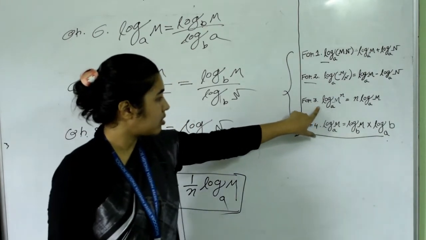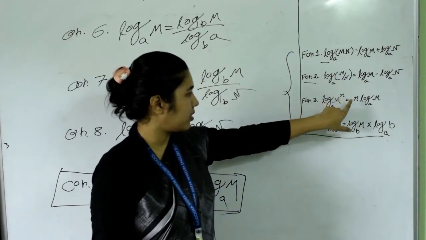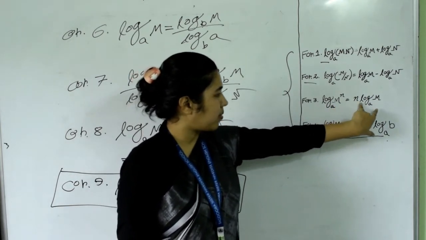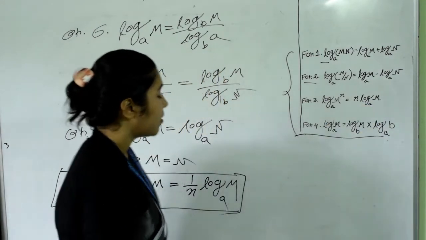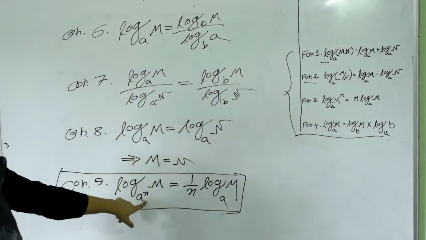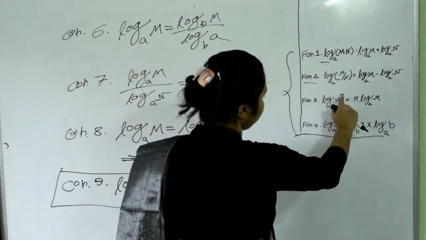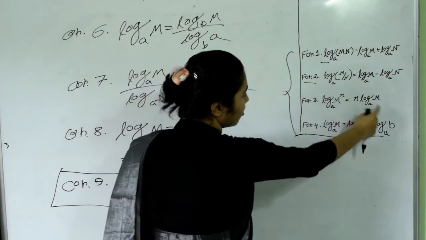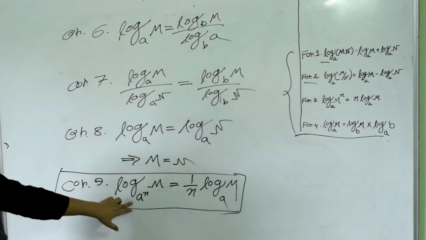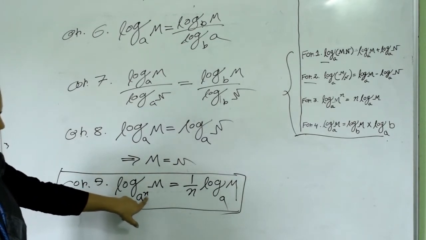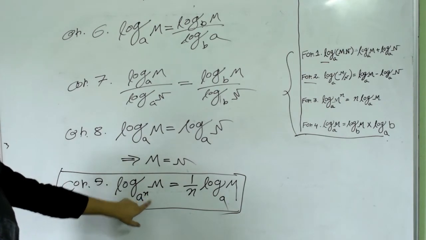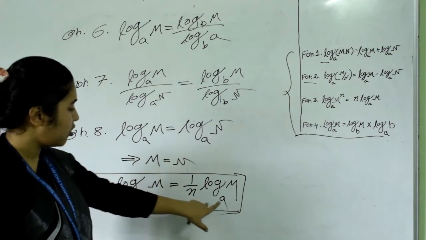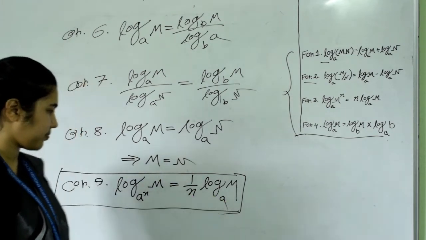Here we have log with base a of m to the power n, then we have to multiply n with this term log m with base a. Here the power is in m. That's why we can multiply n with this term. But if our power is in base, then we have to divide this power. That means we have to multiply 1 by n with log m with base a.